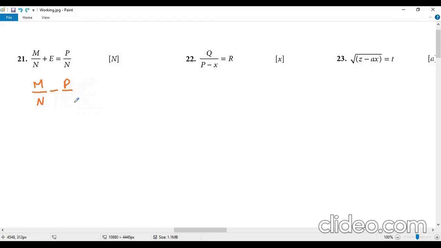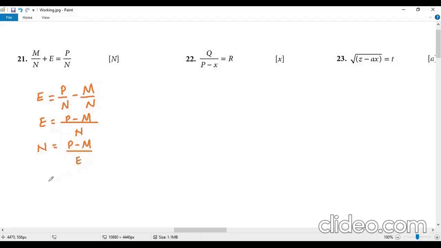Or what I can do is I will keep e as it is over here, and I will make negative m over n this side, and I will keep e as it is without a change. Now e equals, n is the LCM and p minus m. So n is going to go other side and multiply. P minus m over e, and this is your final answer.